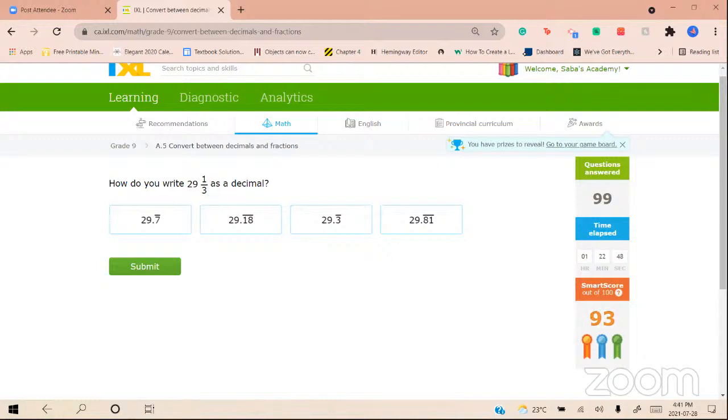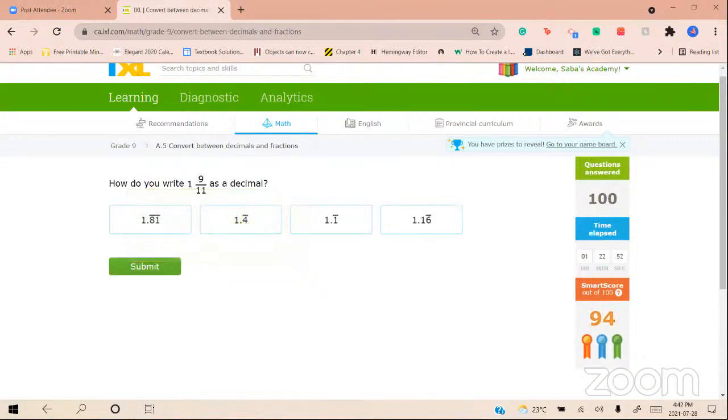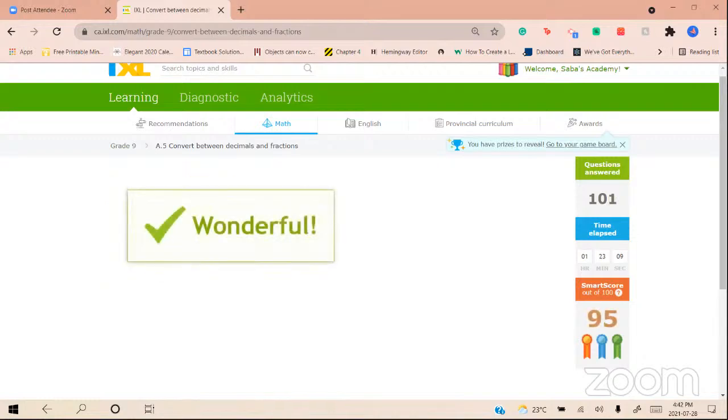Like the third one. Excellent. This one? How would you write 1 and 9 over 11 as a decimal? Like the first one. Very good.